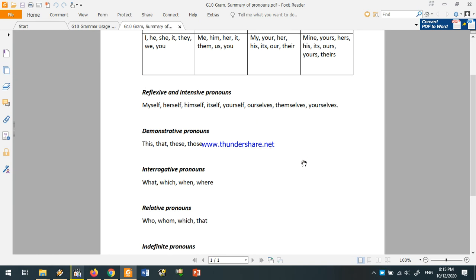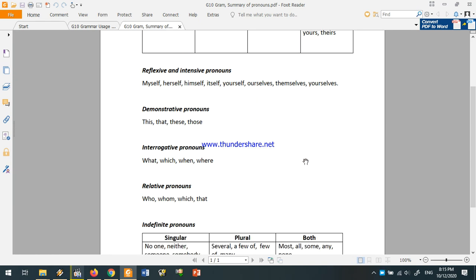Next, we have interrogative pronouns. These are pronouns used to start a question such as what, which, when, and where. Next, we have relative pronouns, and we said that relative pronouns are used to combine two sentences into one large sentence. For example, I met a man.